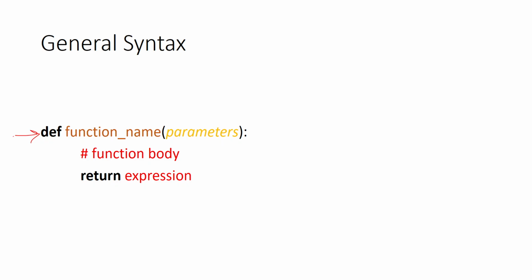We start with the first thing, that is called the definition. We use a keyword called def for defining a function. This keyword has to be present when you want to write the definition of a function. So we use the keyword def to specify that we are starting the definition of a function.